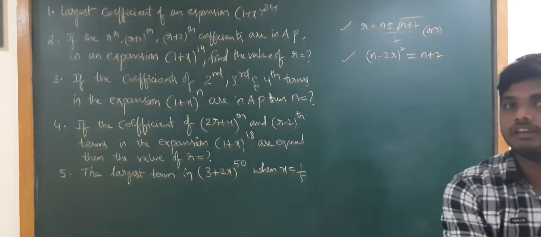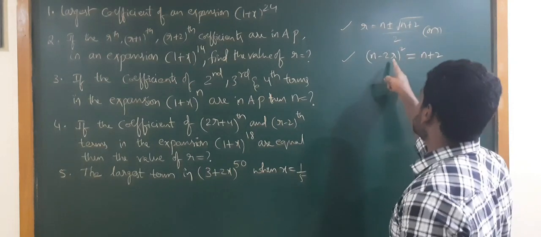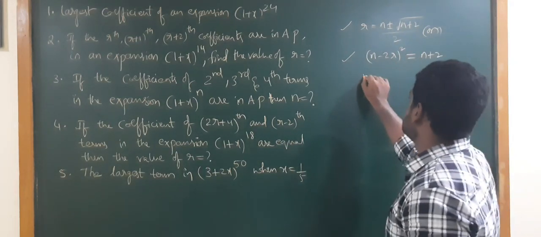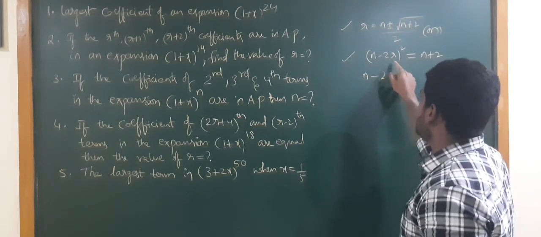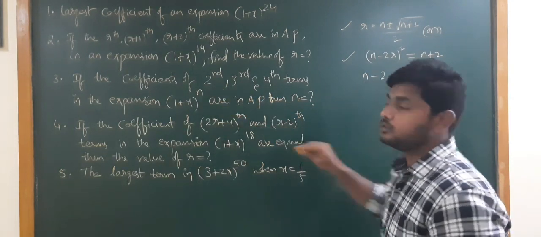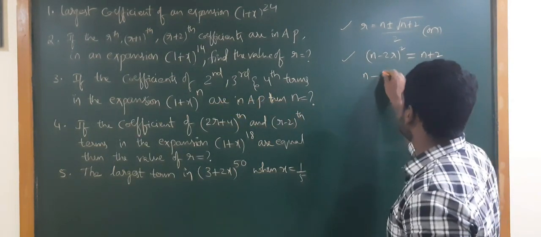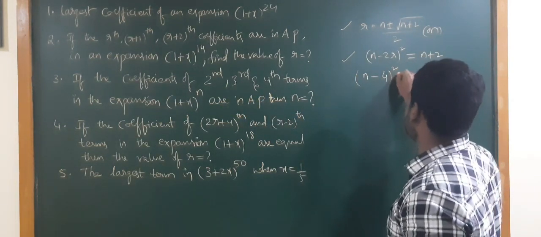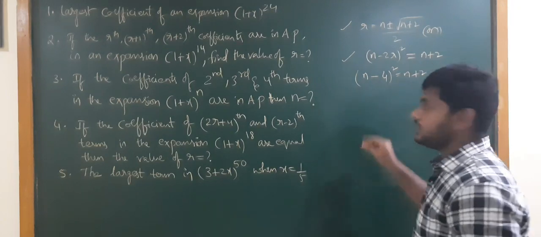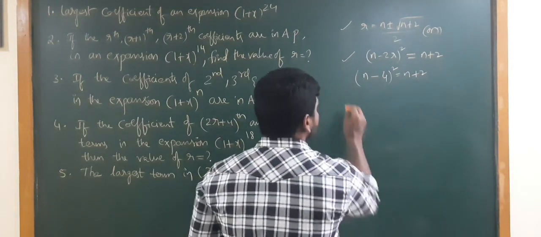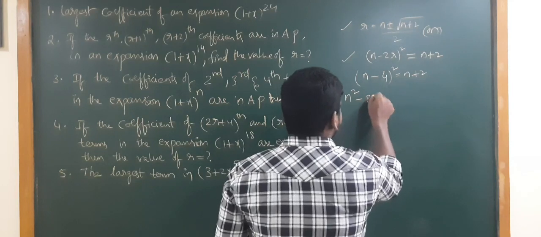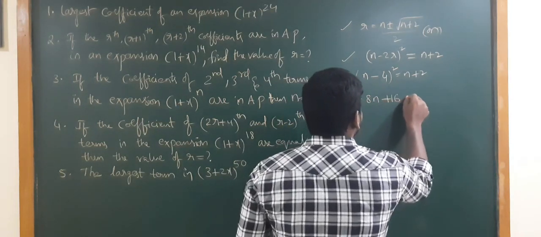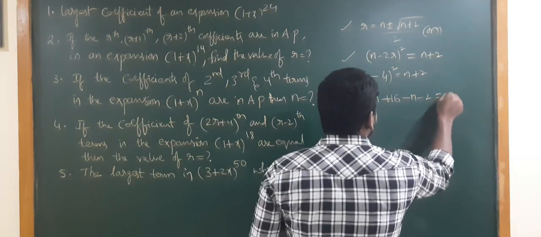If you consider the r value as 2, then n minus 2 into r, that is 2 into 2, is 4. So n minus 4 whole square equals n plus 2. Next, expand: n square minus 8n plus 16 minus n minus 2 equal to 0.